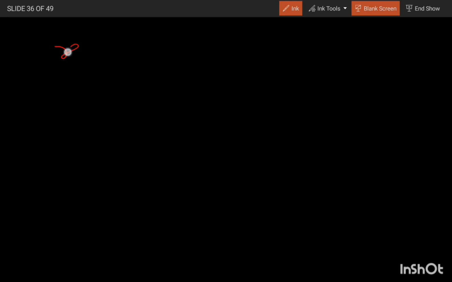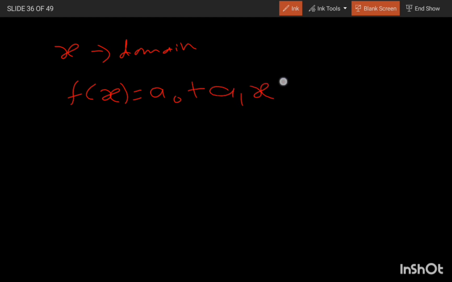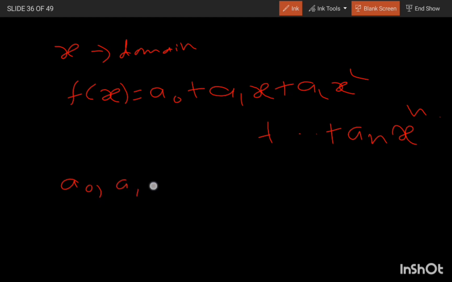So basically for all x in a given domain, the element in the codomain must be of the form a naught plus a1 x plus a2 x square and so on plus an x power n, where a naught, a1 and so on up to an belong to real numbers.